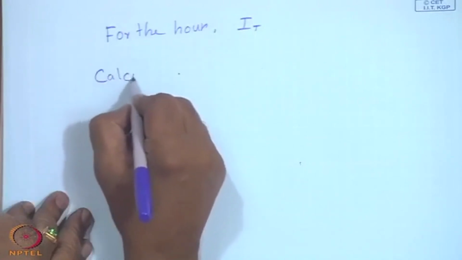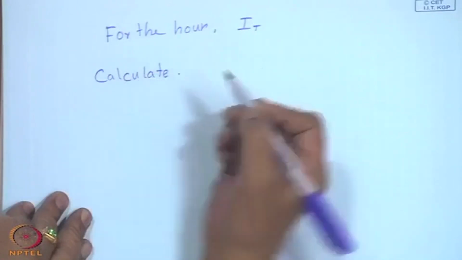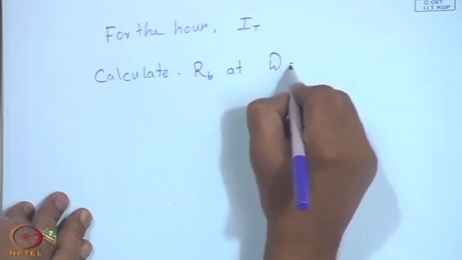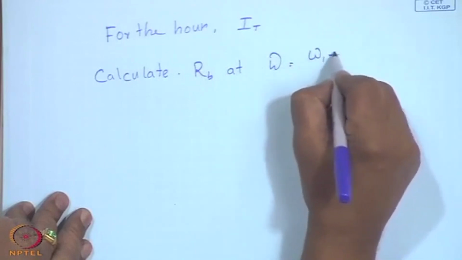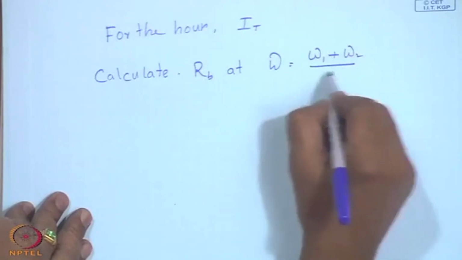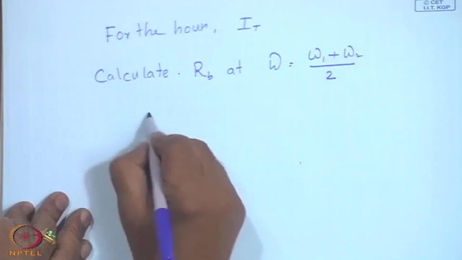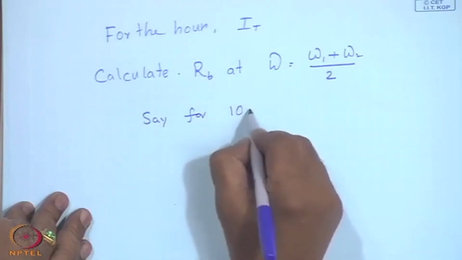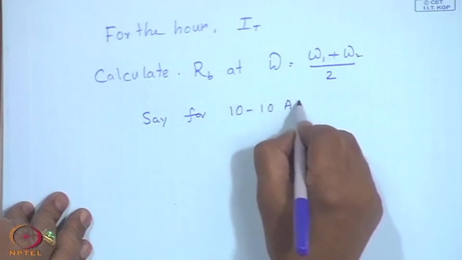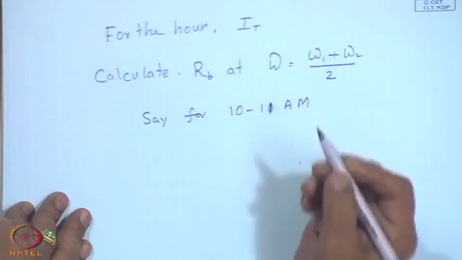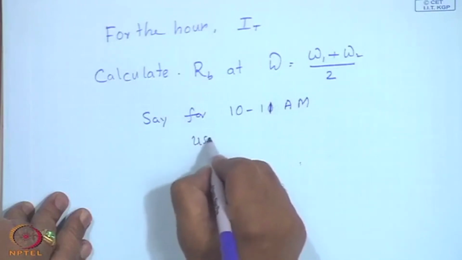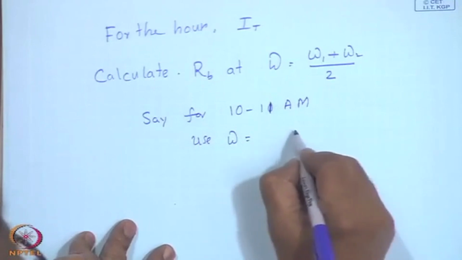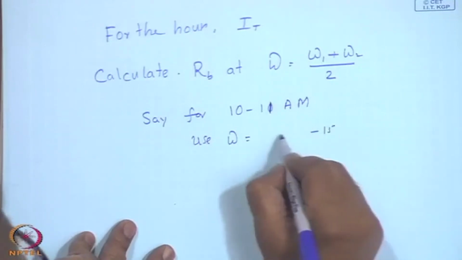Calculate RB at midpoint of the hour, that is say for 10 to 11, use omega is equal to how much it will be. This is minus 15 minus 30.